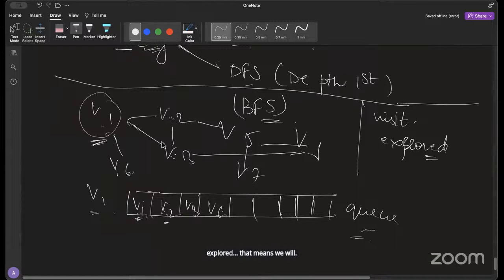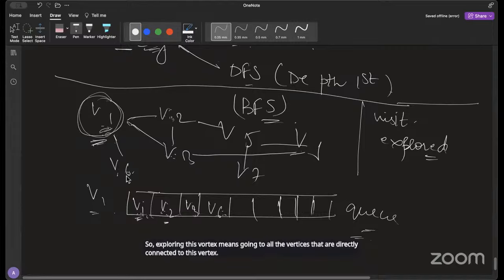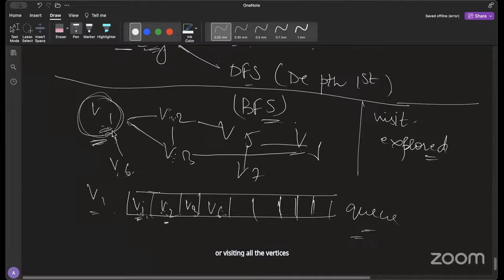Exploring means going to all the vertices that are directly connected to this, or visiting all the vertices that are directly connected to this vertex. And when we're done doing that, we say that this vertex is explored. So because we've mentioned V2, V3, V6 here, that means we've visited these vertices, and that means this vertex has been explored, right?